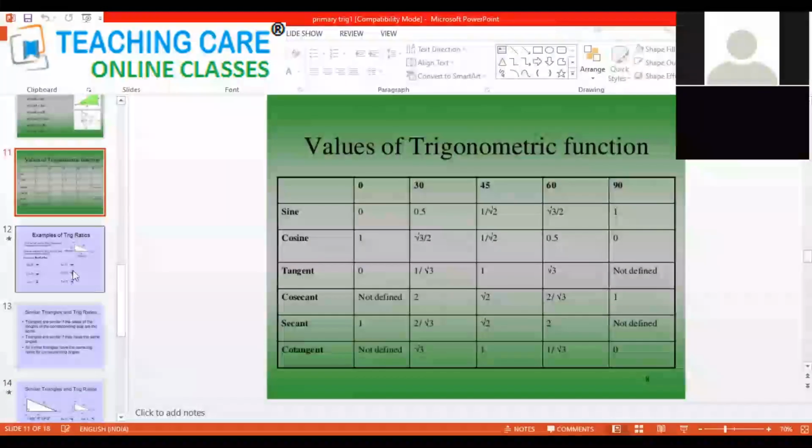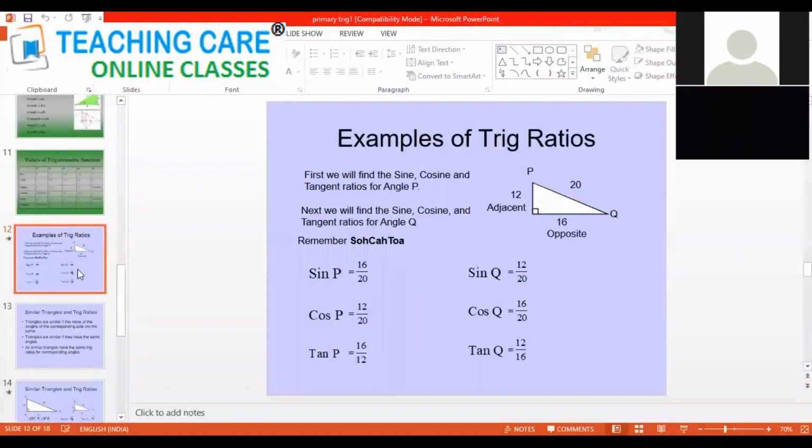Now coming to the basics of it in Algebra 2. For example, they have given a problem here. The first step is you have to mark what is your hypotenuse, opposite side, and adjacent side. If they are saying angle Q, I have to find it.